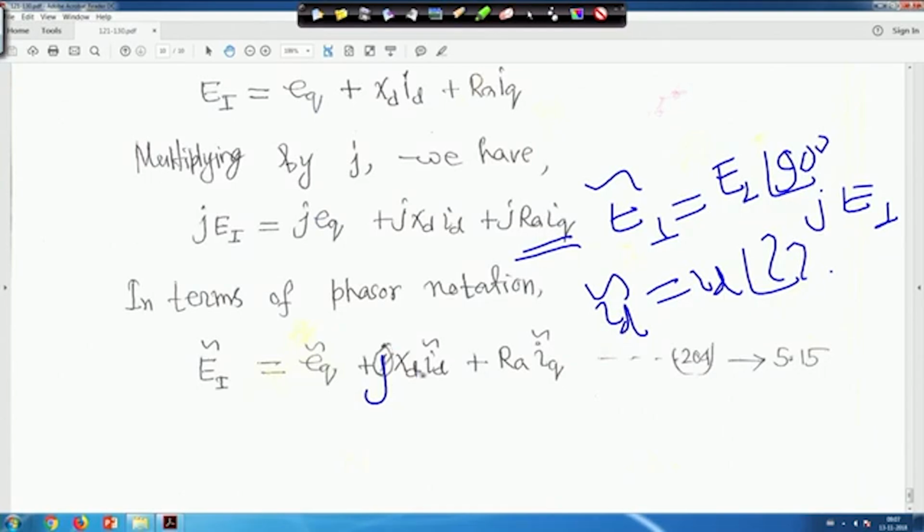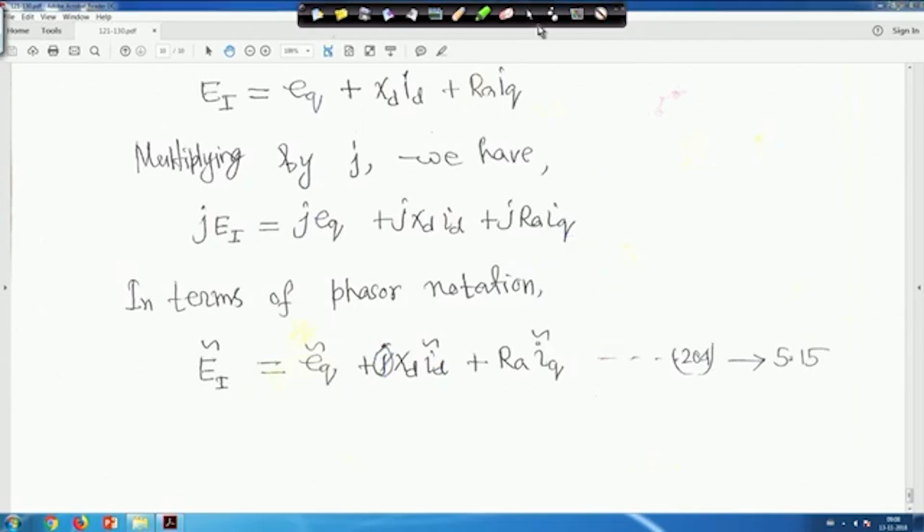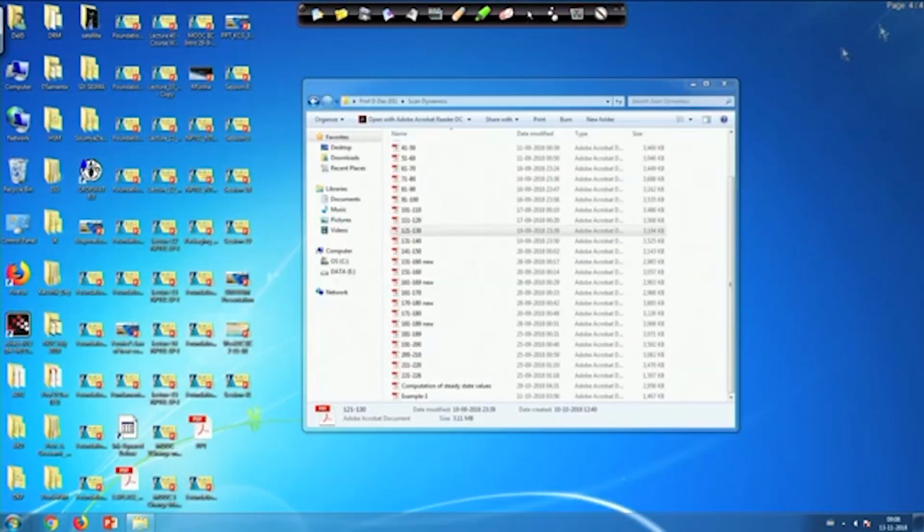So, it will be j x d I d tilde. If you take the d axis as the reference, the q axis is leading the d axis, so this j should be there in phasor notation. Next, we will go to the next one, the phasor diagram.